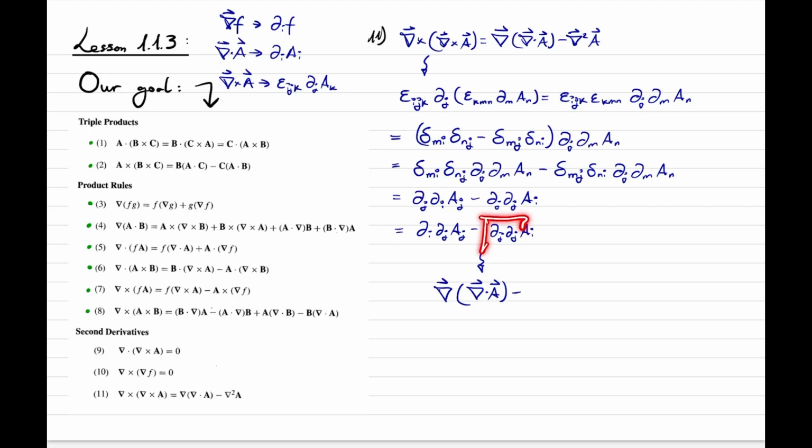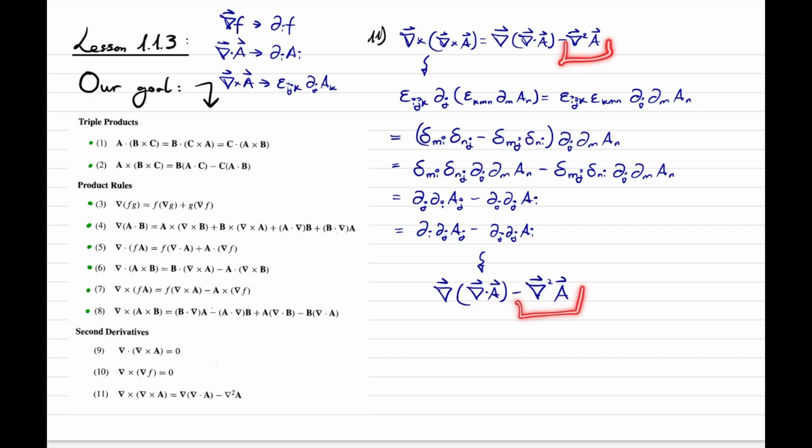Now here both dels are contracted, so we have the Laplacian, and the free index, which goes with the vector, is indeed i. And it's the same thing: we have the gradient of the divergence of A minus the Laplacian of A.